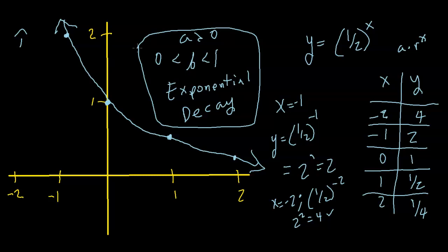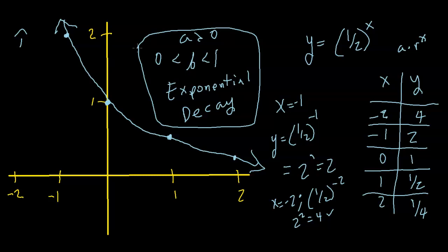And it's pretty much the opposite case of your exponential growth, right? Where as your values of x increase, the value of your function decreases very quickly and becomes very small. But to the left of the y-axis, as your values of x decrease or become more and more negative, the output grows very quickly.